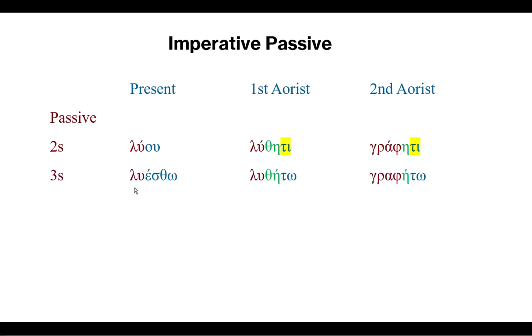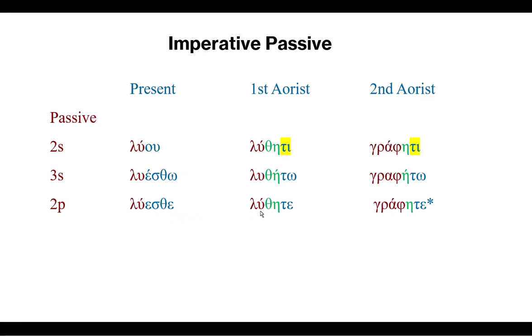The third singular, that's the same as middle, lutheto and grapheto. Notice the active endings here, so the to for the aorist passives. Second plural, luesta, same as the middle.